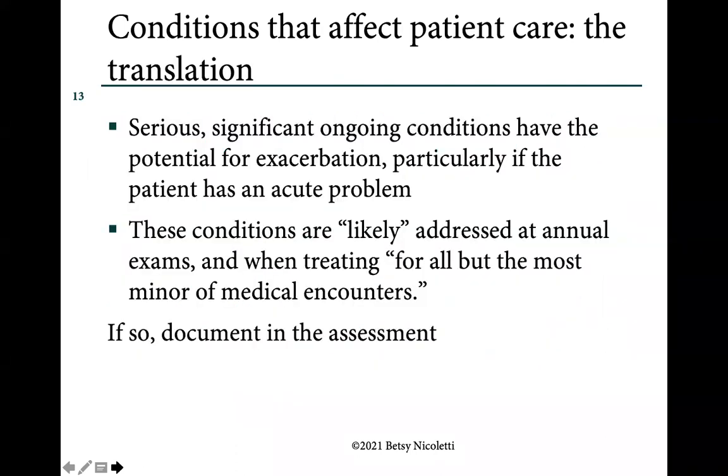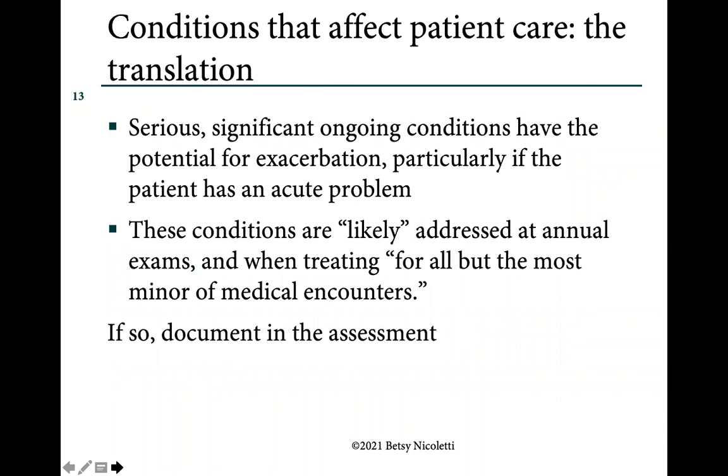So here's the plain English translation. Patients have serious, significant, ongoing problems that have a potential for exacerbation, and these are often considered and need to be considered if the patient has an acute problem. CMS says they are likely addressed at annual exams, and we're treating for all but the most minor of medical encounters.